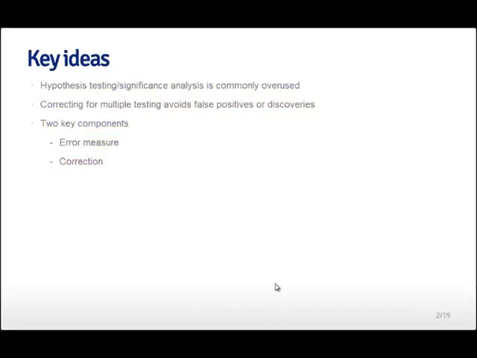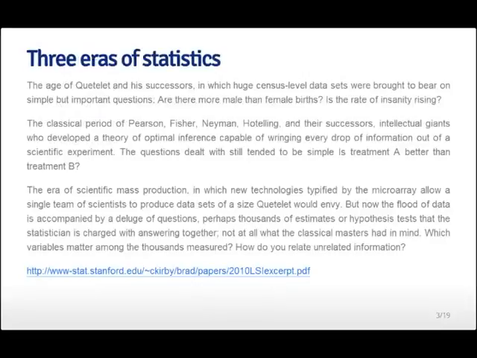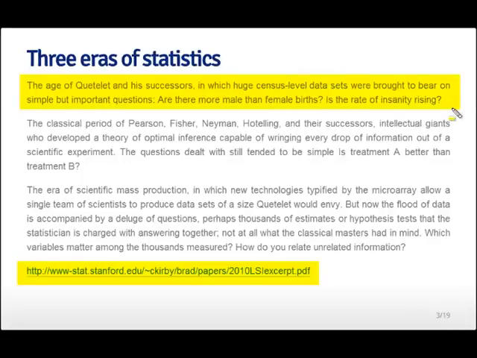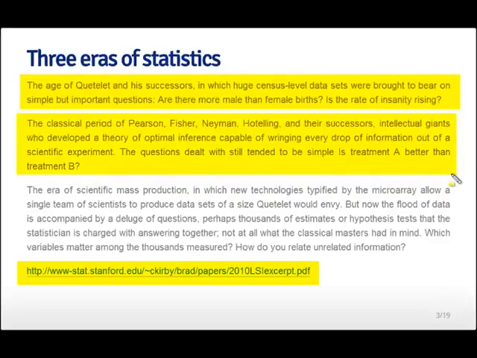This is related to the three eras of statistics, which appears in this book by Brad Efron, a professor of statistics at Stanford. He talked about the first era as being when huge census-level data sets were brought to bear on simple but important questions, where they just collected a lot of data to try to describe a population. Then the classical period of statistics developed a theory of optimal inference for wringing as much information as possible out of small sample sizes.